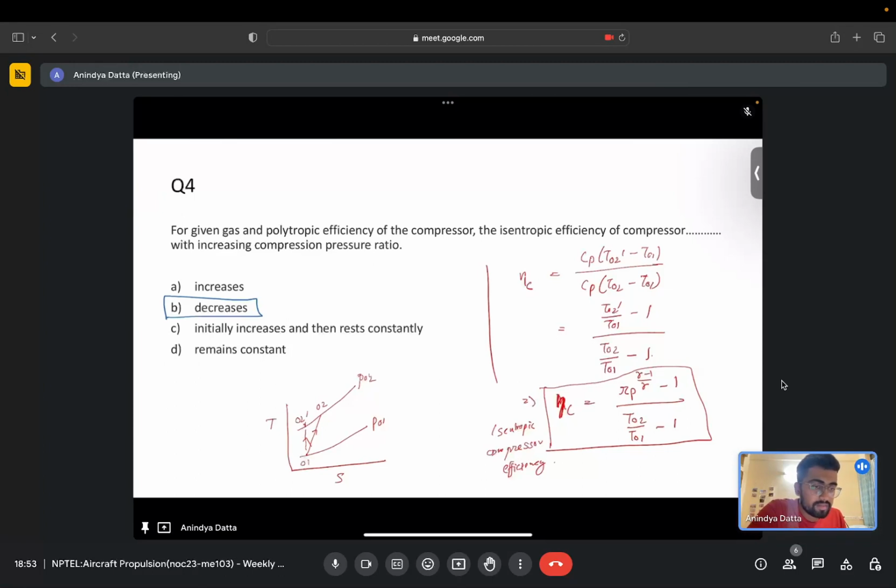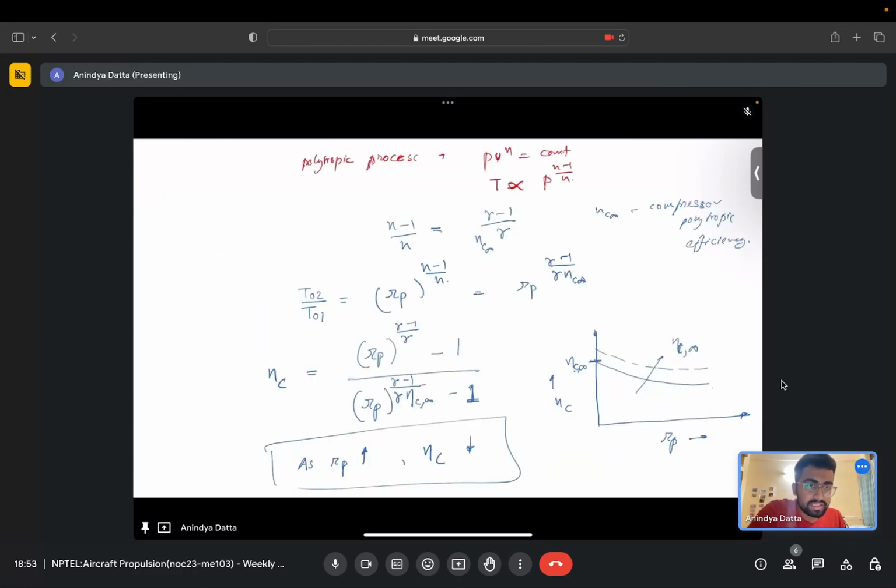That's why we come up with polytropic efficiency, in which we assume that the actual process is irreversible, because of which we get an increase in entropy. But now we come up with a polytropic process, which is a reversible process, to model the actual compression process.